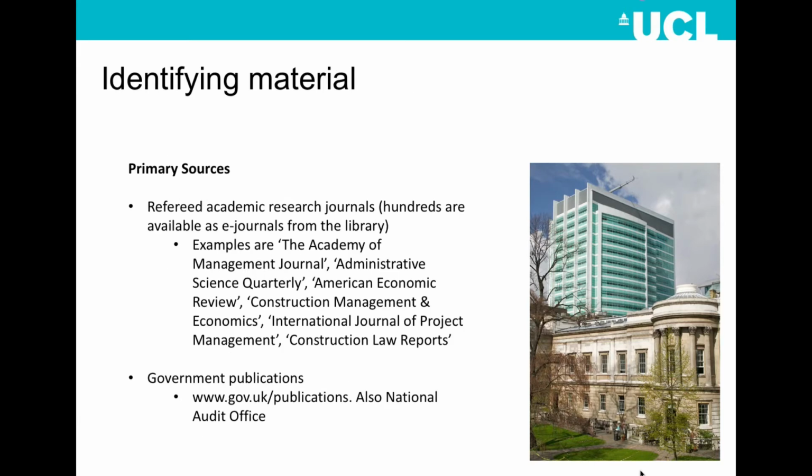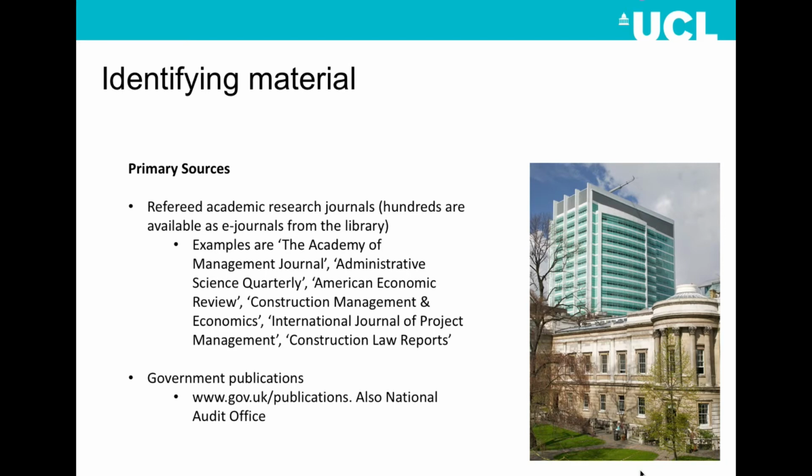As I said, the first step in your literature review will be to identify the material. Here we are classifying different types of source. Primary sources, which are the academic research journals. You will have access to hundreds of electronic journals from the library.